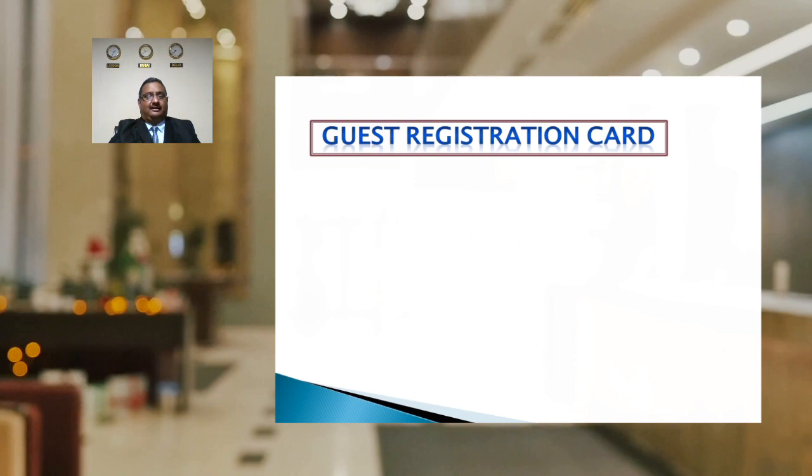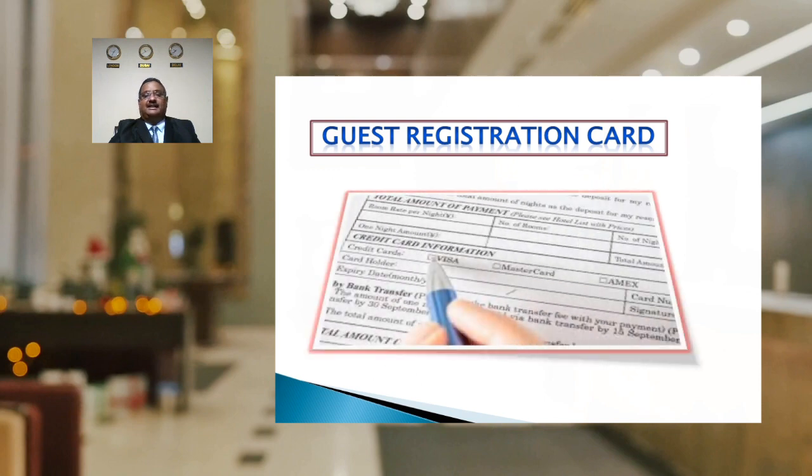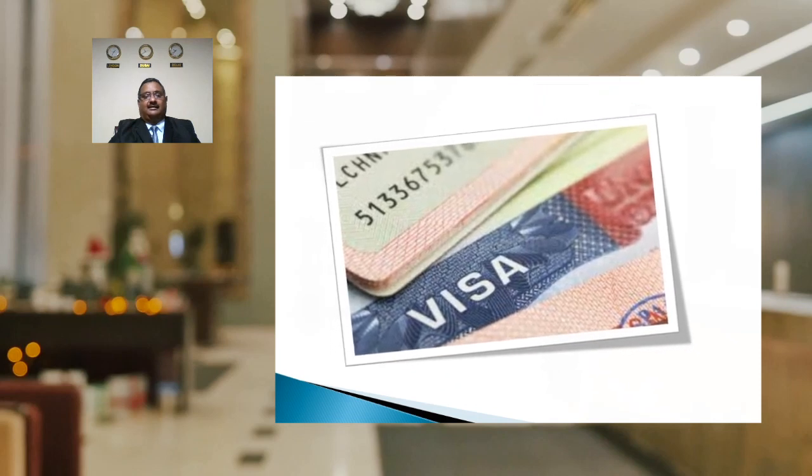The next step is where a registration card is completed and printed, which will help the front desk to collect essential information. Basically, the registration card contains details like the name of the guest, address, the tariff, their passport and visa details in case they are foreign nationals, the mode of payment and the credit card details.